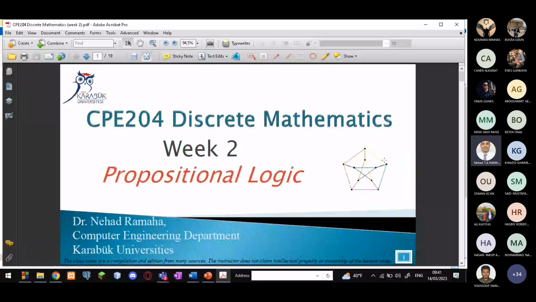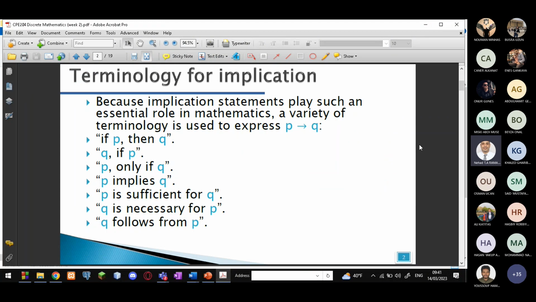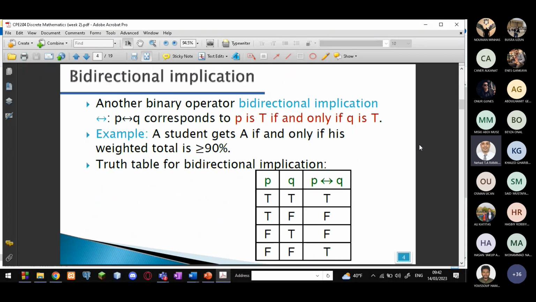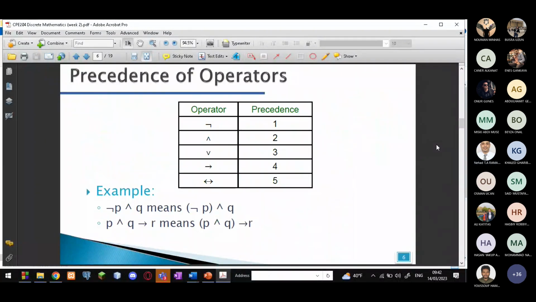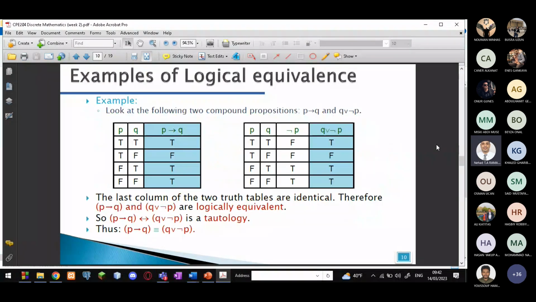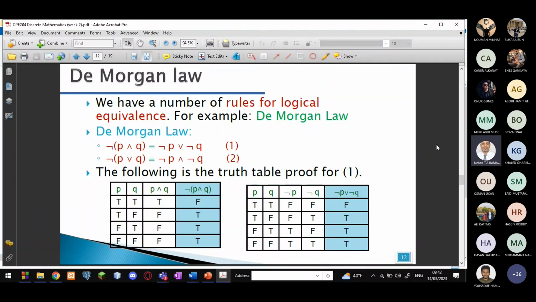In the first lecture we gave an introduction to propositional logic, and we took some logical equivalence rules to prove logical equivalence.